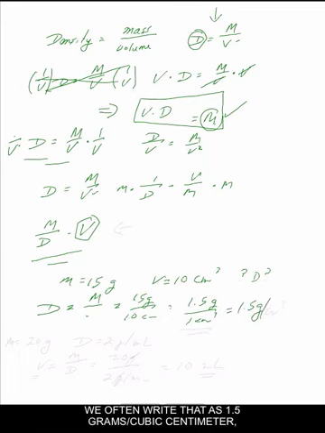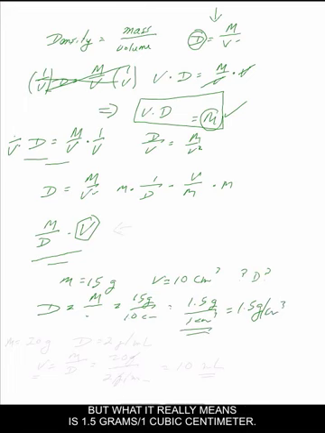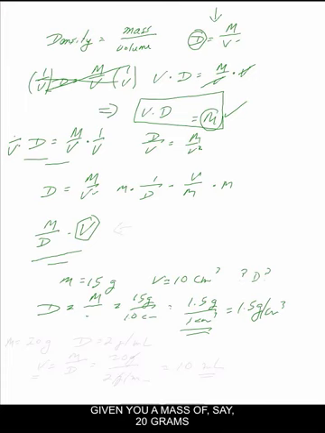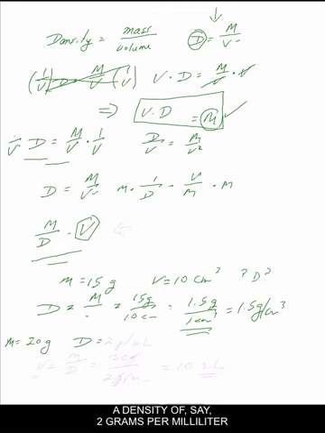We often write that as 1.5 grams per cubic centimeter, but what it really means is 1.5 grams over 1 cubic centimeter. On the other hand, if I had, for example, given you a mass of, say, 20 grams, and a density of, say, 2 grams per milliliter, and I wanted to know the volume, I would be looking at this equation here.